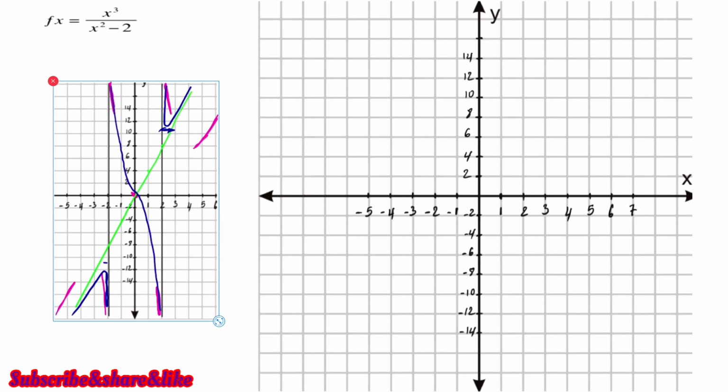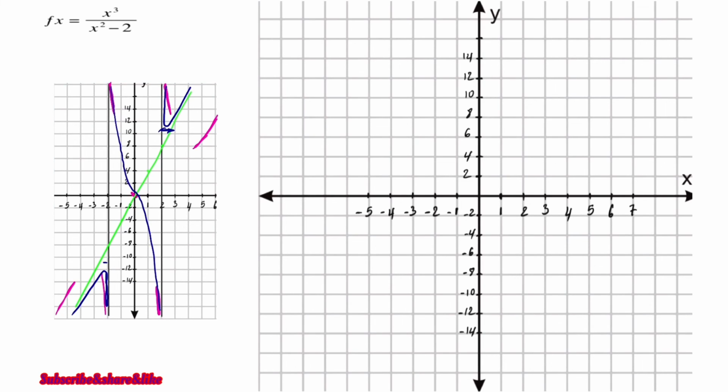We said that we have 2 and -2 as vertical asymptotes. We have 2 and -2 here.